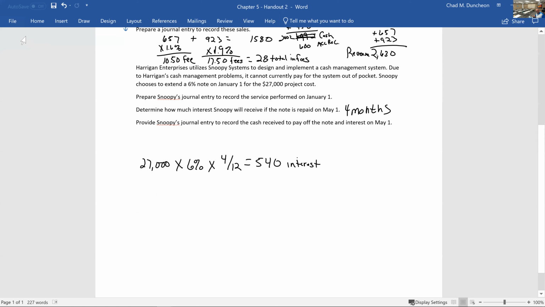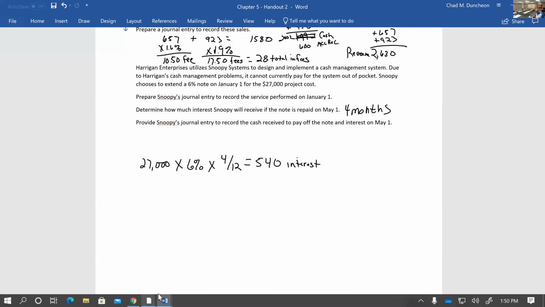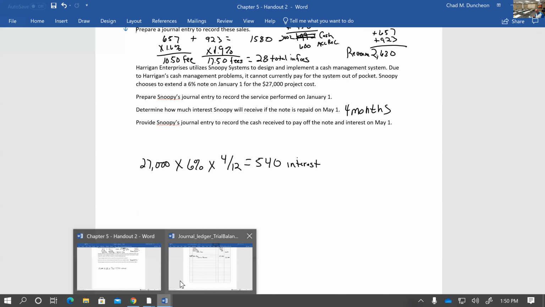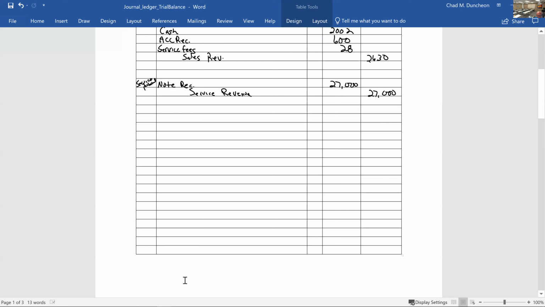And now the journal entry. So when we receive money for this note, okay, we're receiving cash. But we're not just receiving the 27,000, we're receiving the 27,000 plus the 540.